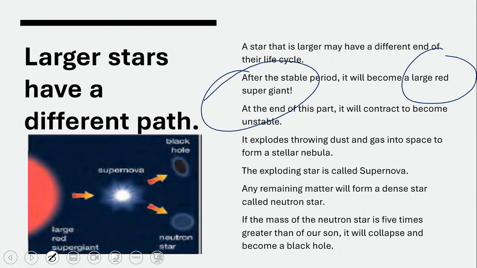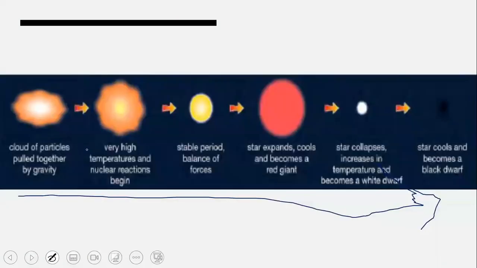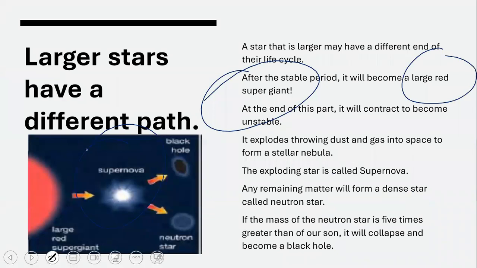Now, what is going to end up happening? The red supergiant can explode and turn into a supernova. The small star was turning into a white dwarf. This turns into a supernova. It explodes and it throws dust and gas everywhere. So a small star turns into a white dwarf, but a huge star is going to explode and turn into a supernova.